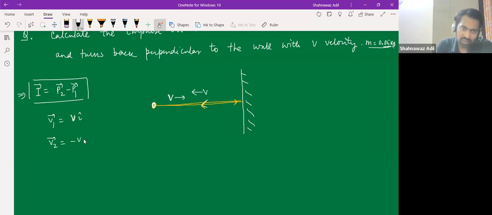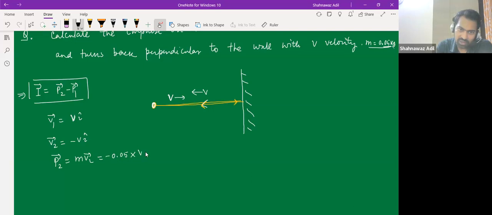So minus v i. Is this clear, guys? Yes, sir. So P2 would be how much? This would be m v2. So m is 0.05, which means that it is a 50-gram ball, right? So 0.05 into minus v i.